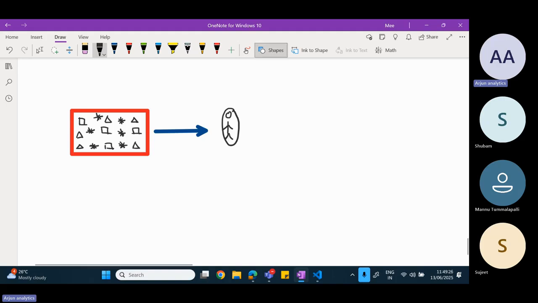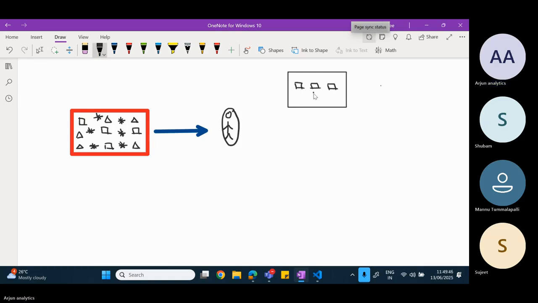So on what basis is he going to do it? Based on the shapes, right? Based on the common features. These are all rectangles, so all the rectangles we will put over here.